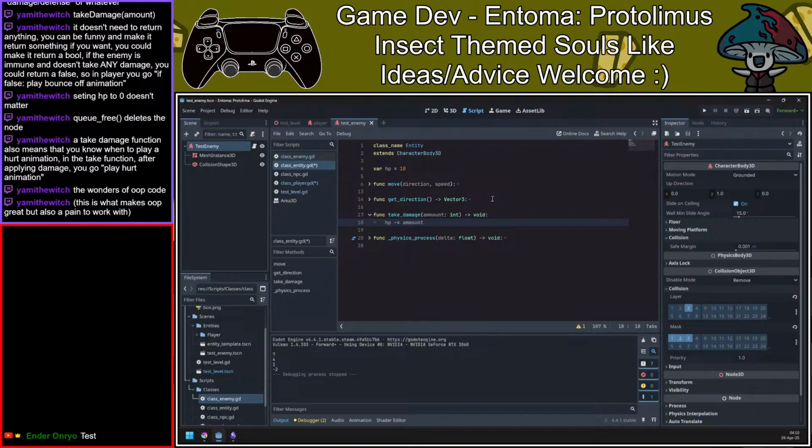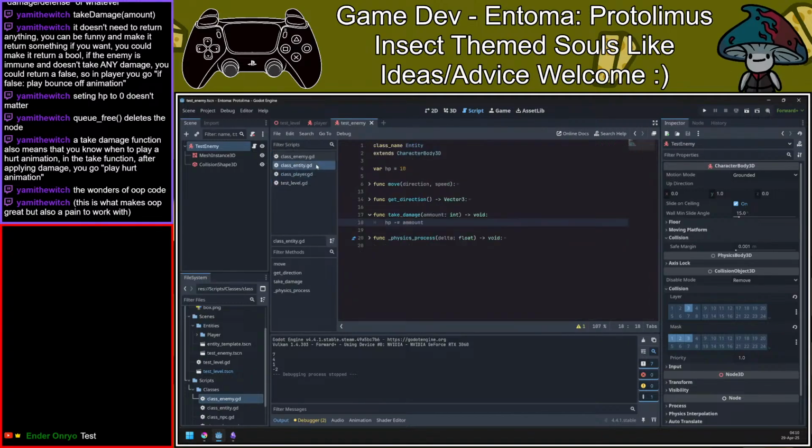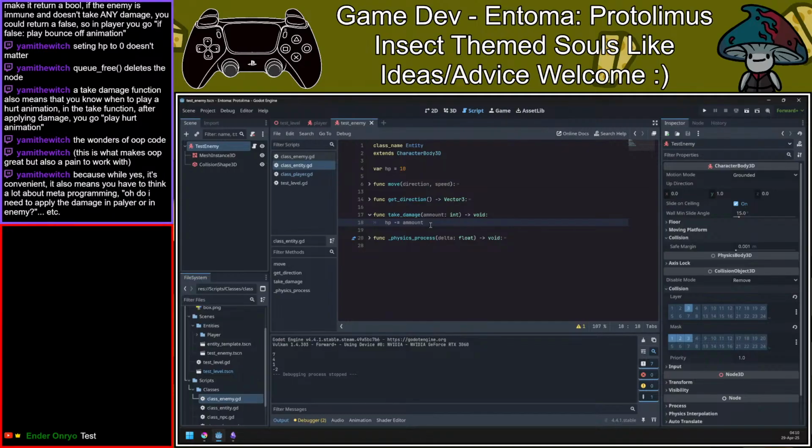Okay, get rid of you. I have to think a lot about metaprogramming. Do I need to apply the damage in the player or in the enemy?